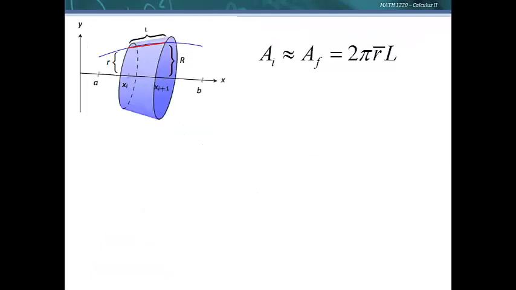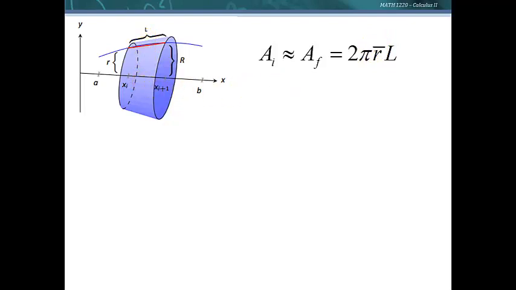So here we have that, and so we've got an approximation for the area of this piece of the function rotated around. It'll be an approximation of that on the ith interval. And now we can do a couple of things. We can choose a representative x on this interval and let our r bar be the function value at that x.